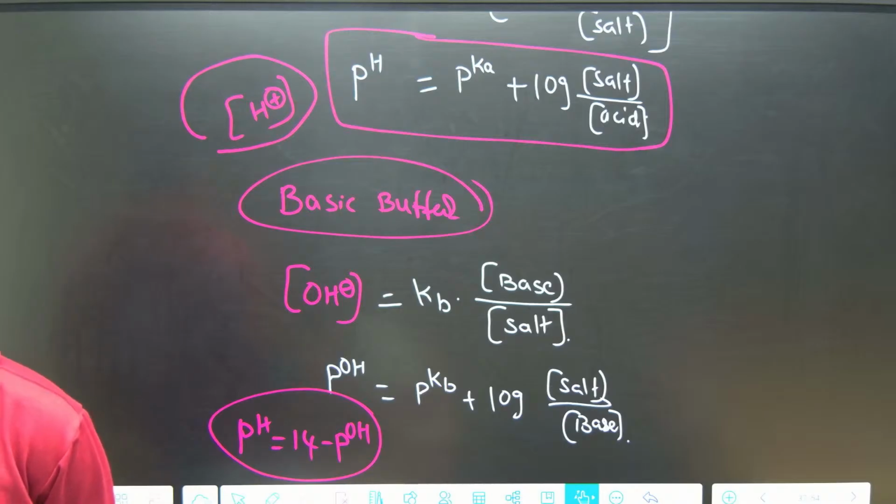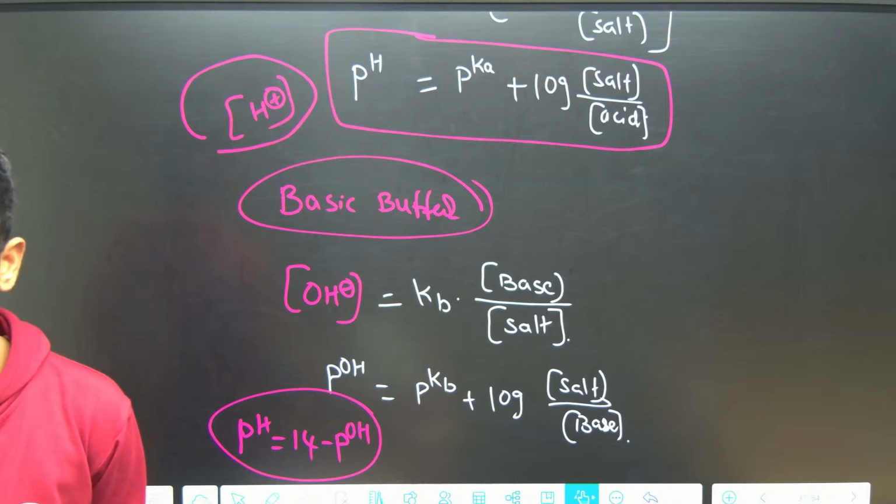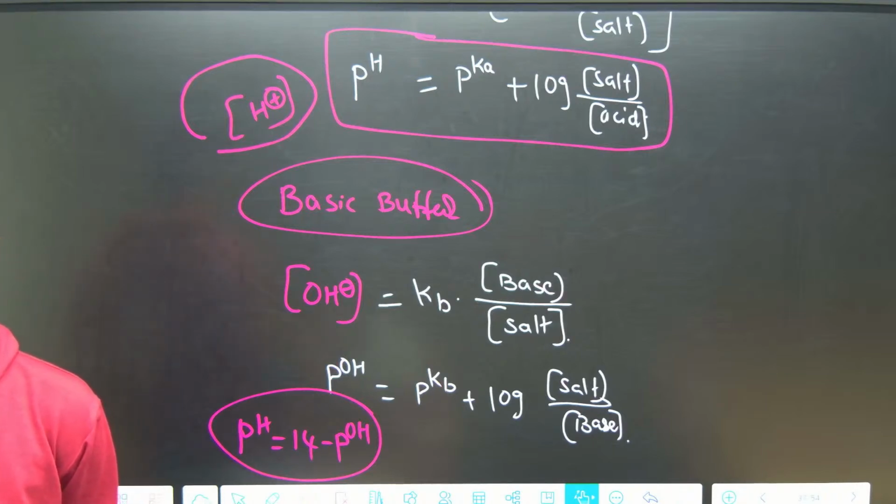Acetic acid how much did I give? 3. NaOH how much did I give? 1. So which is the limiting reagent here? NaOH. That will decide how much salt is formed. So 1 mole is formed. How much acetic acid remains unreacted? 2. That's it. So the concentration of salt is 1 and the concentration of acid is 2.